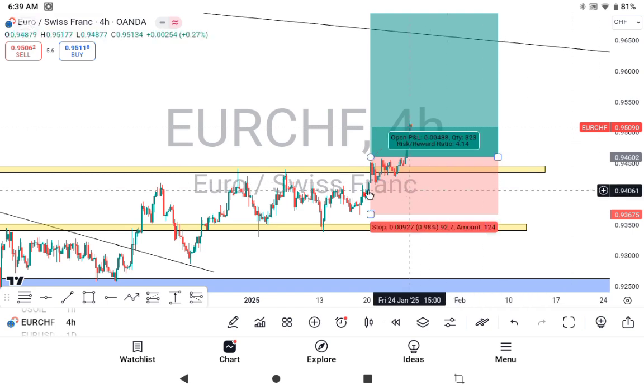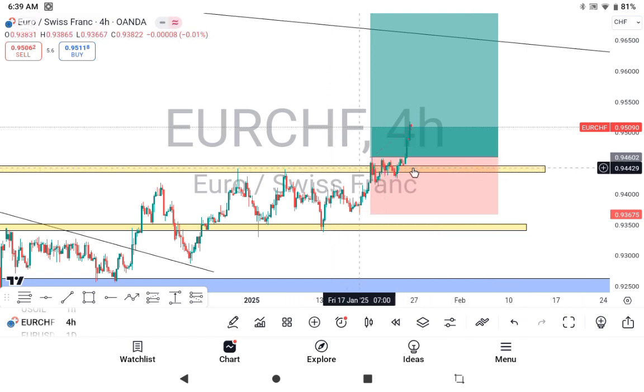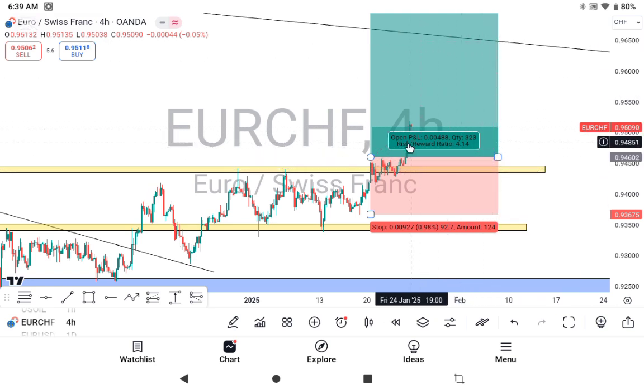So as it is now, we should see a pullback right here, letting the minor level of resistance turn support to push price back up. But due to the strong momentum EURCHF is having, we might not see that pullback now. It might be later.